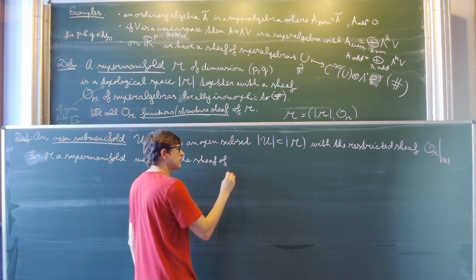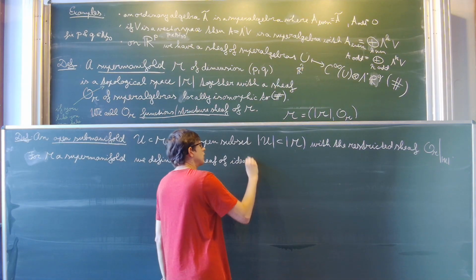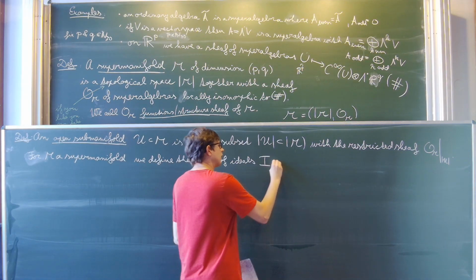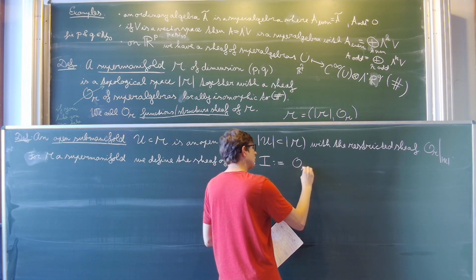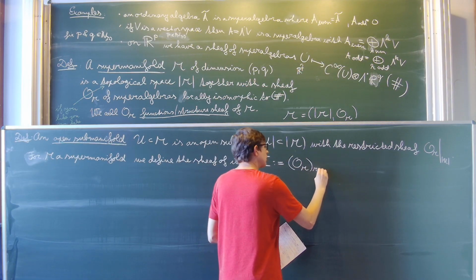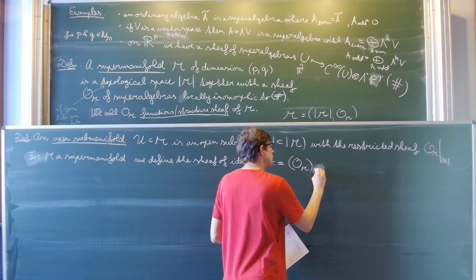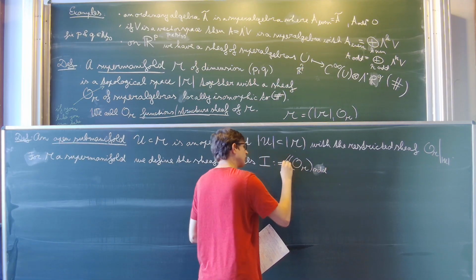Is that a meaningful way to say it? Okay, well, we'll call it I, and this thing will simply be: take the odd part, and take the ideal it generates.